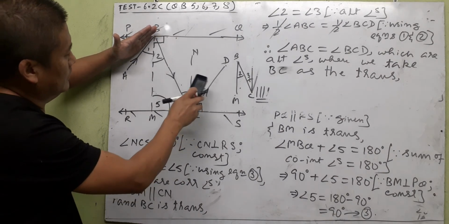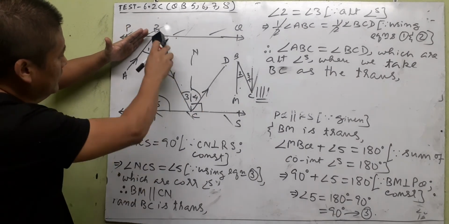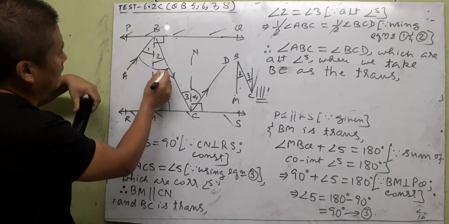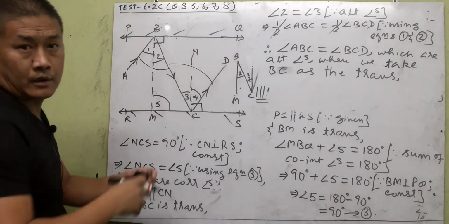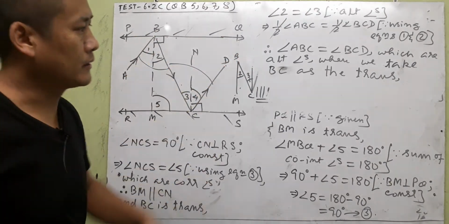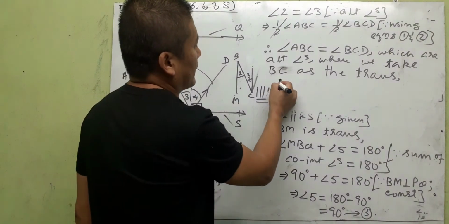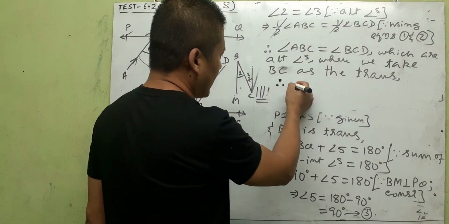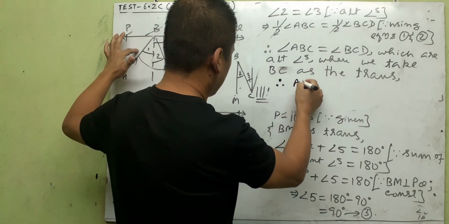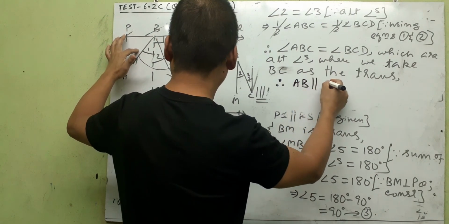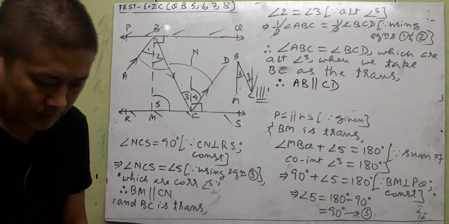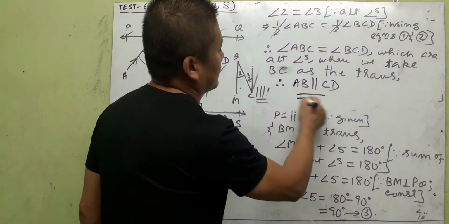This angle from here to here, and these are alternate angles. One way to find alternate angles is the letter Z shape. So if alternate angles are equal, therefore the lines below and above, in this case AB parallel to CD. See here, to prove was AB parallel to CD, and we have proved it.